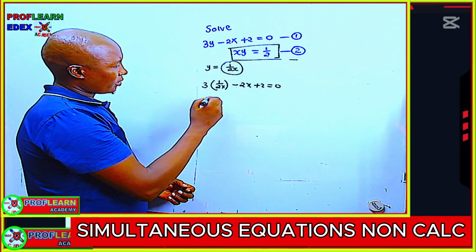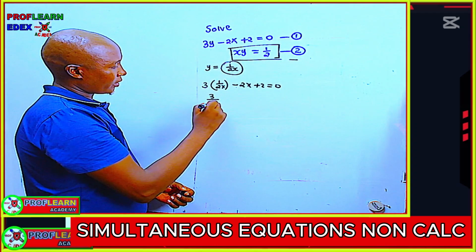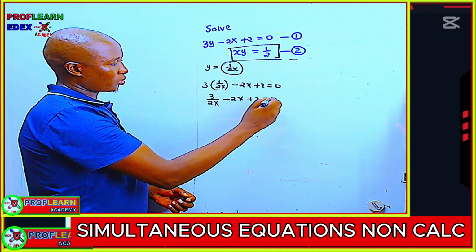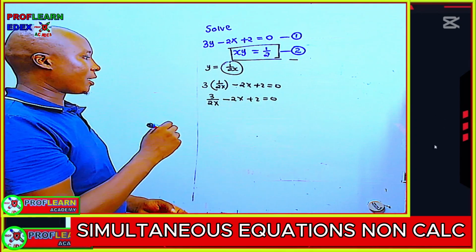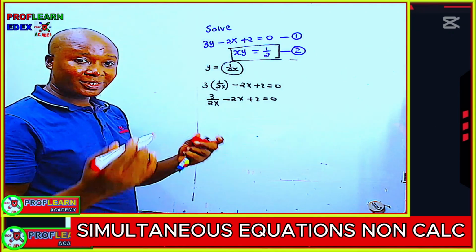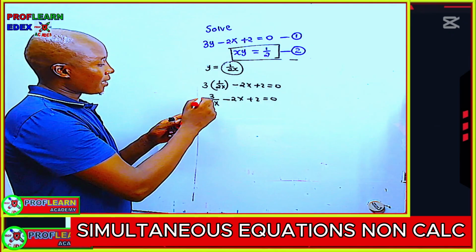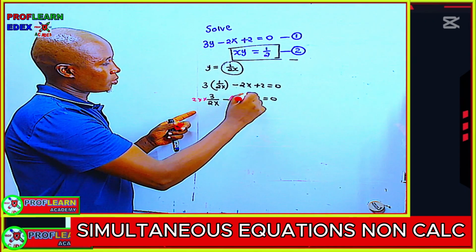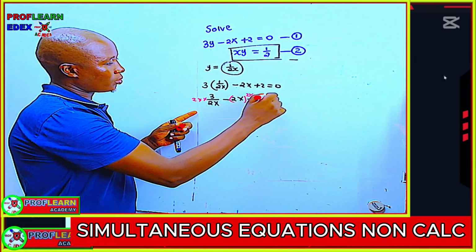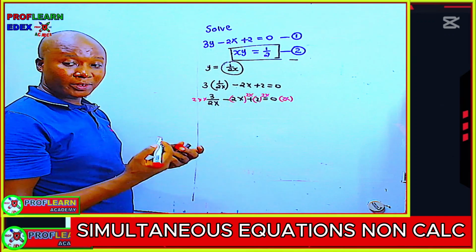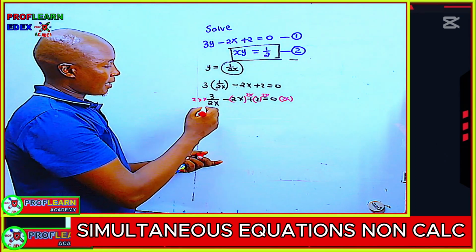If I work out this question, it becomes 3 over 2x minus 2x plus 2 is equal to 0. Let me multiply all these terms by 2x so that I can get rid of the denominator and the fraction.